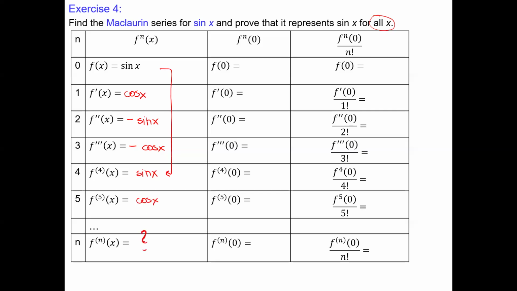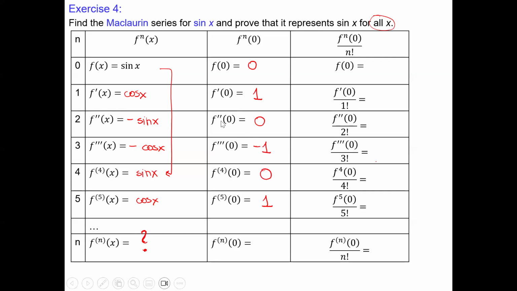Yes, it's not easy to find the pattern. But we still don't have to find a pattern for the general formula. We can find the pattern for the value, the derivative at 0. That means sine at 0 is 0, cosine at 0 is 1, negative sine at 0 is 0, negative cosine at 0 is negative 1, and 0, and then 1.